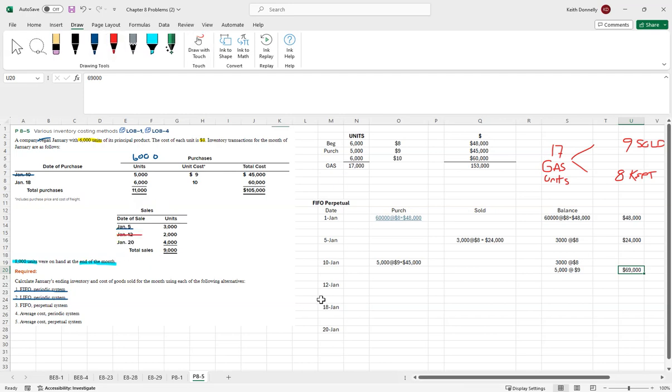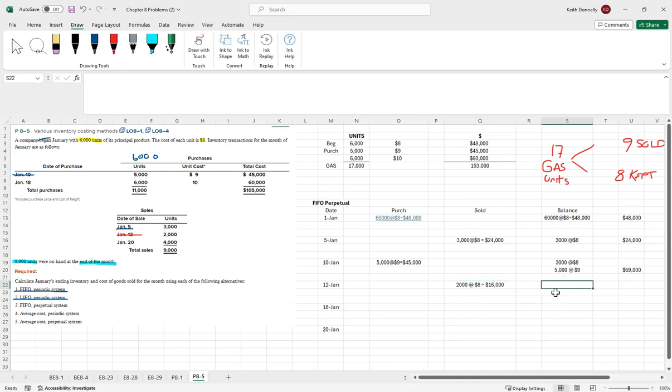We've got to deal with that sale, so we're going to factor in some money here. They tell us we sold 2,000 units, but this is FIFO, first in, first out. So the pile we're going to draw from is this guy, our first in at that point, the $8 one. So 2,000 at $8 equals 16,000.